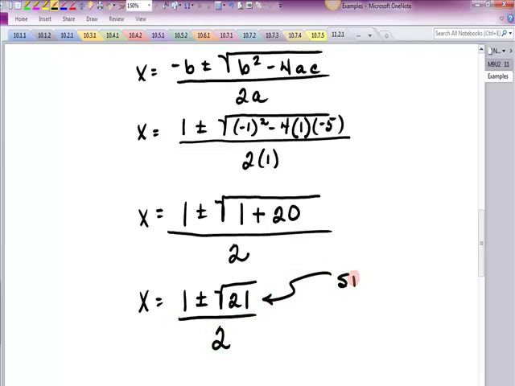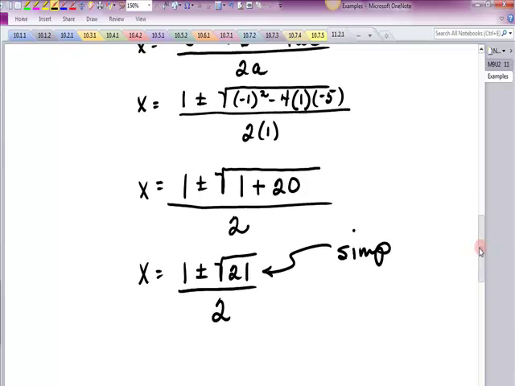Asking the question, can I simplify the radical? The answer is no. I cannot simplify the square root of 21, which means in my math lab, you would have 1 plus the square root of 21 over 2, and 1 minus the square root of 21 over 2.